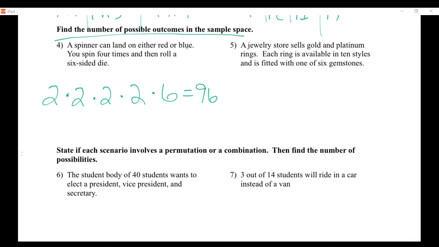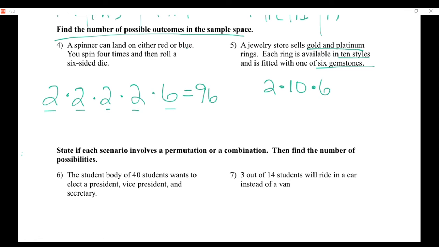For this one, it's different. Remember, if you're doing the same thing over and over again, you might multiply by the same thing multiple times. Here, I'm just choosing different types of options. I have to choose a metal, and there's 2 kinds. So I'm going to take a 2, and then I have to choose a style, and there's 10. So I'm going to multiply by 10, and then I have to choose a gemstone.